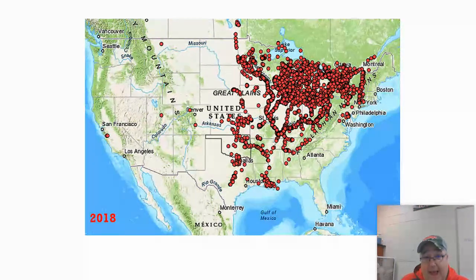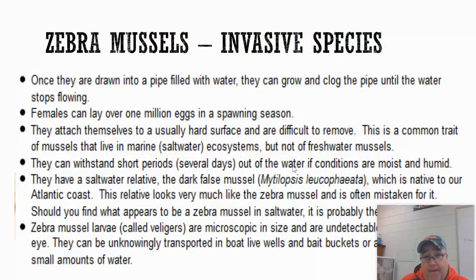So, we have these things all over the place, and they're very, very difficult to control. Once they get into pipes, for example, they can overpopulate, clog the pipes, and stop water from flowing. That's a big issue. Females can lay over 1 million eggs in one season.